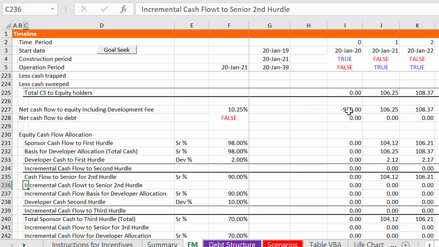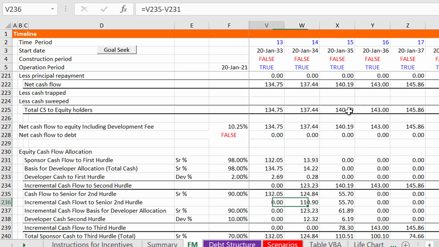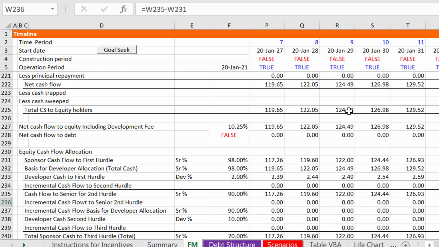Here is the problem. I also would like to get the incremental cash flow. I might need to, that goes to the senior, that goes to the first one. So that's 235, which is just this one, minus the one amount they got on the first one. So the senior, the extra amount they get is this.